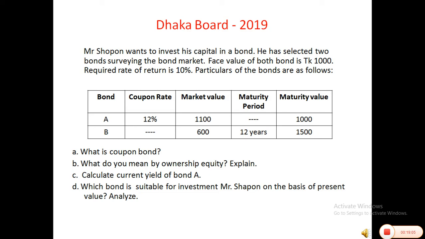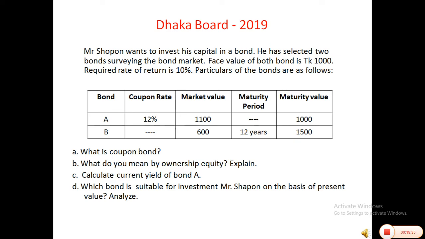Dhaka Board 2019. Mr. Sopon wants to invest his capital in a bond. He has selected 2 bonds serving the bond market. Face value of bond is Taka 1000. Required rate of return is 10%. Particulars of the bond are as follows. Bond A, B: coupon rate 12%, nil.